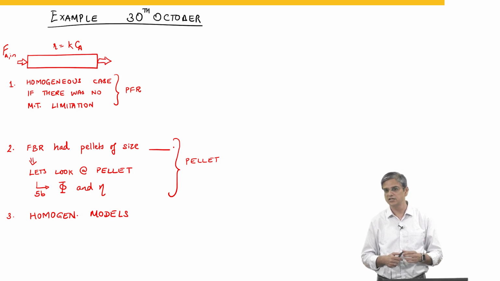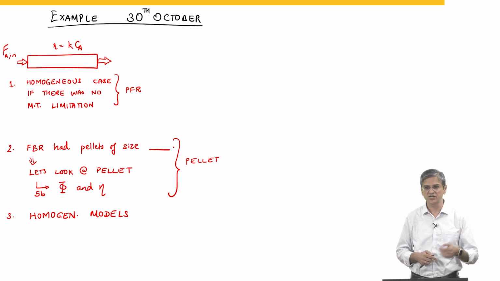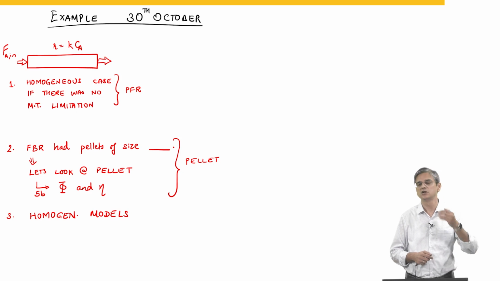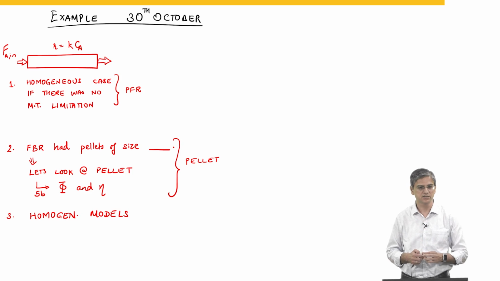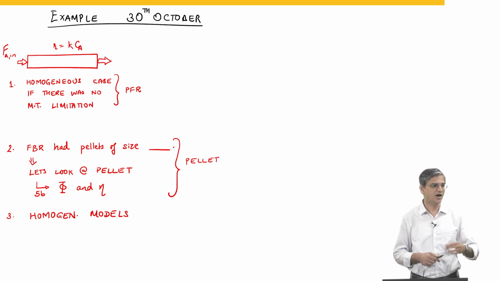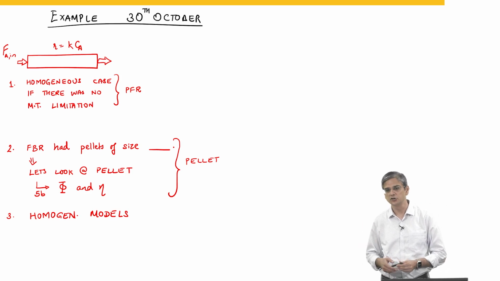A lot of times in literature, people report rate of reaction not in terms of kCa, but in terms of K double dash, which is the rate of reaction in moles per kg catalyst per second, not in terms of moles per meter square per second. Okay, so if you have a situation like this, how do you handle that is what we will take up as the tutorial problem.